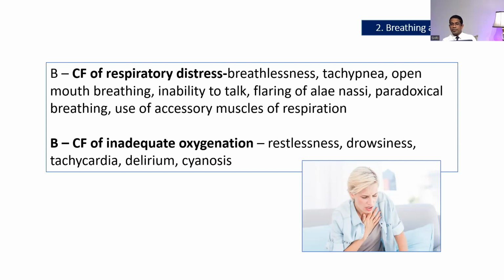Other signs are spasm in the small airways, which is heard as bronchial or wheezing sounds. And if the patient has some secretion or alveolar exudate, you can hear crepitations. Therefore, please make sure you treat these accordingly.